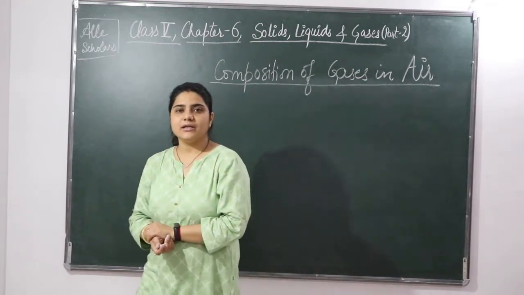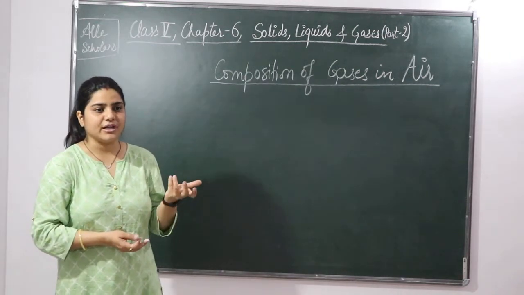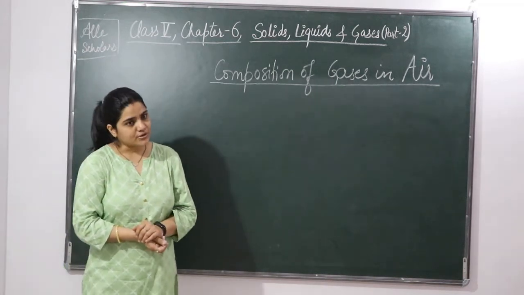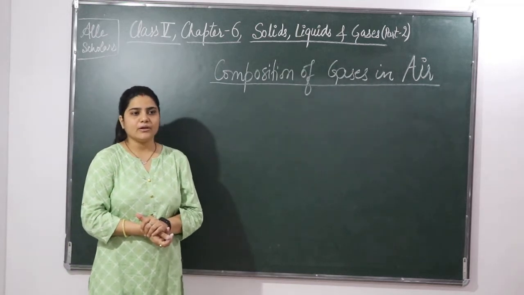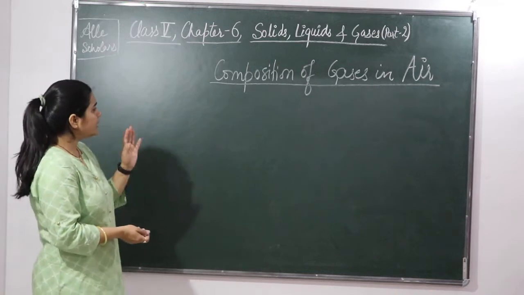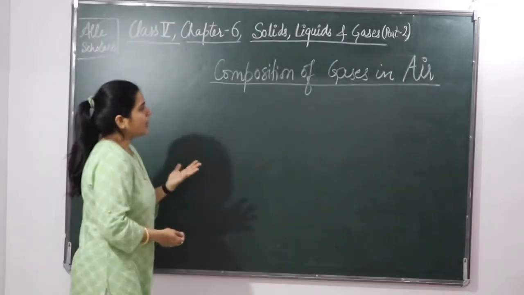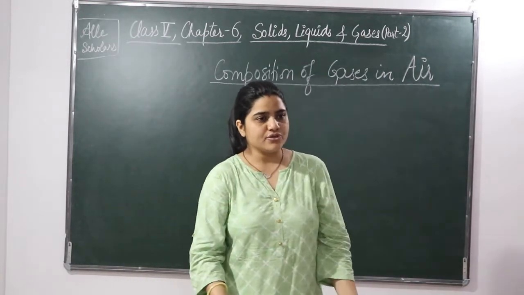It is because of this air that life is possible, because this air contains a mixture of different kinds of gases, and it includes oxygen, which is very essential for us to live. If there is no oxygen, we can't live. So there is a composition of gases. The major part of the air is nitrogen.